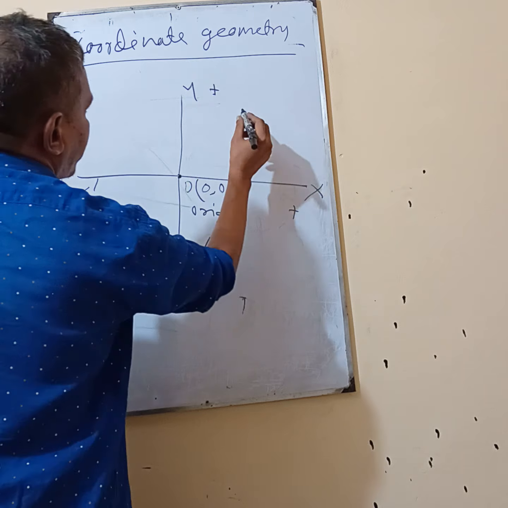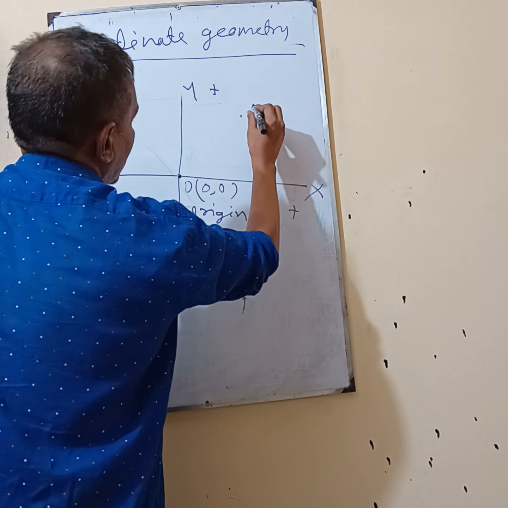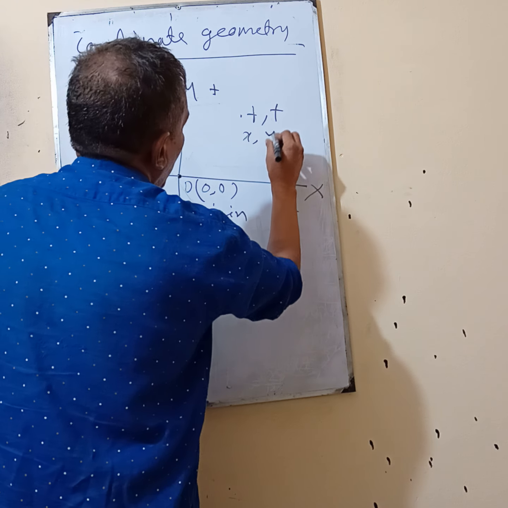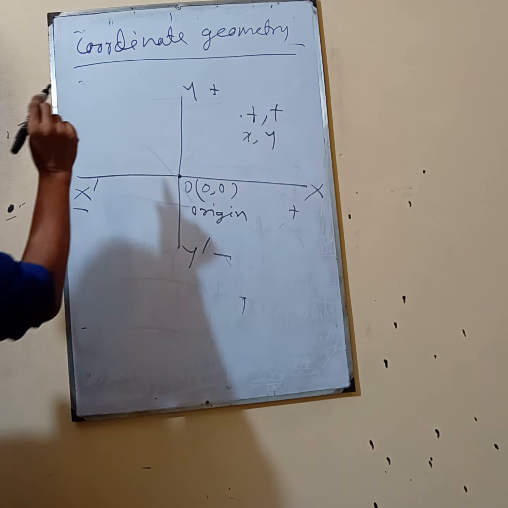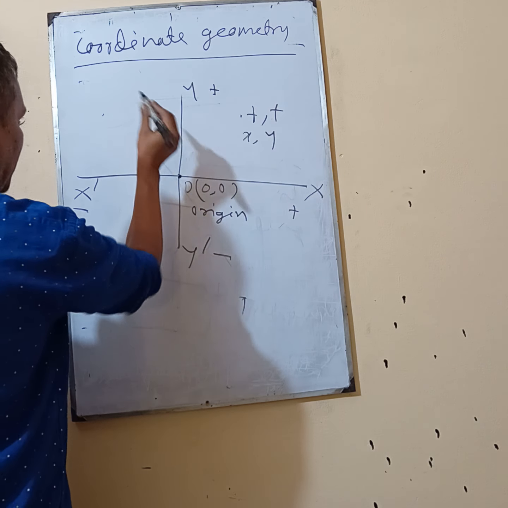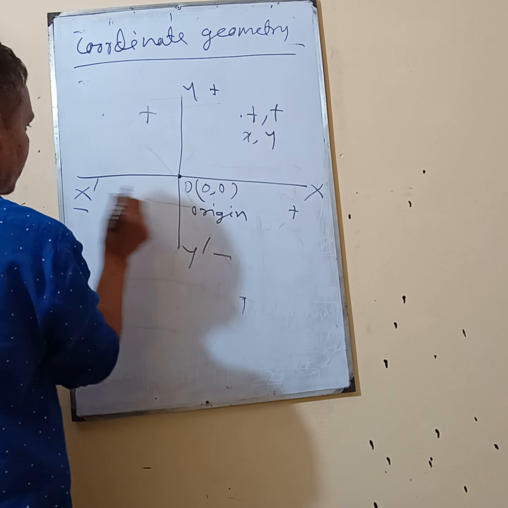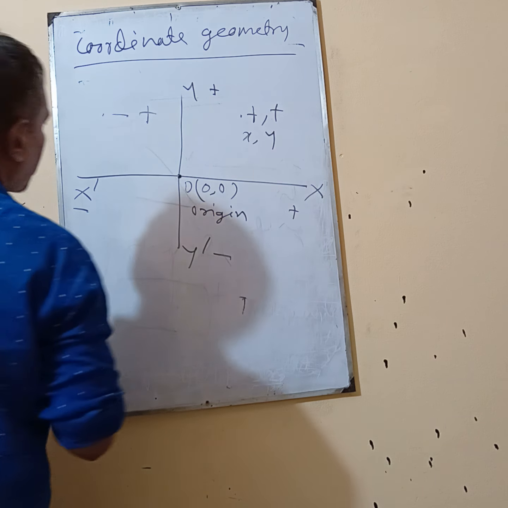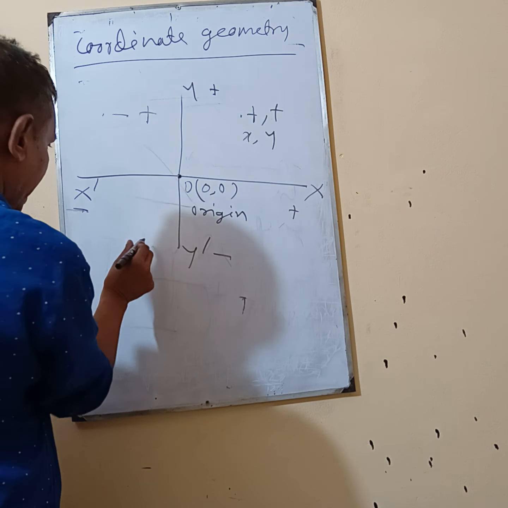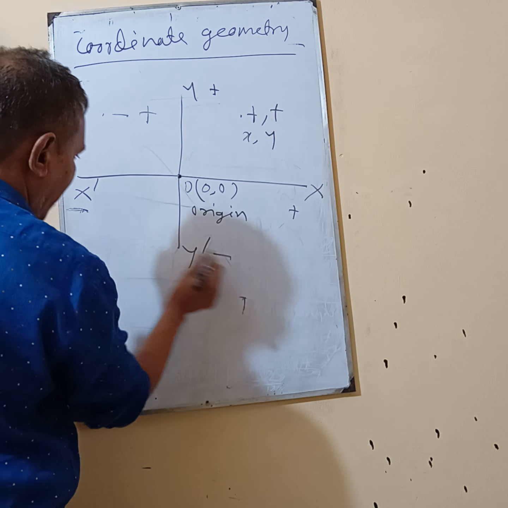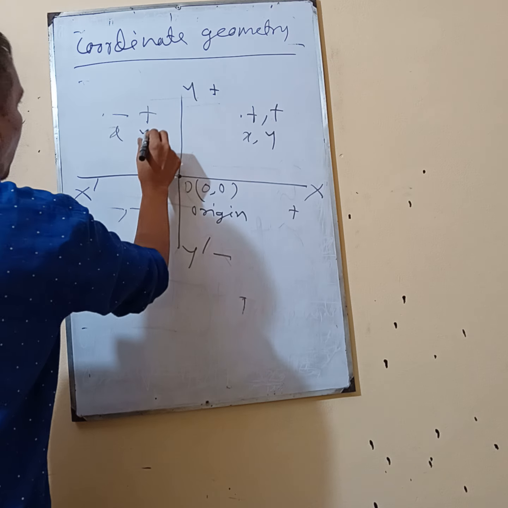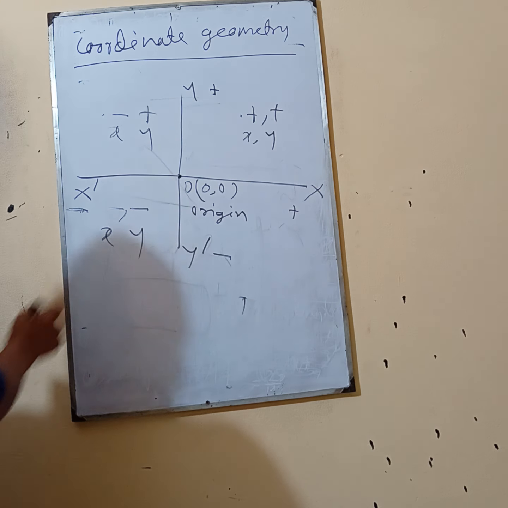OX positive, OY positive, so this one must be plus: X, Y plus. Now this portion: Y plus but X minus. You understand? And there, X minus, Y minus.